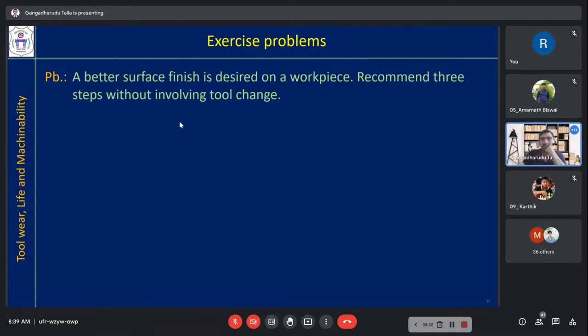Don't touch the tool. So speed variation is one thing. Should you increase the speed or decrease the speed? Sir, increase the speed. Yes, that is the first answer. Any other thing?